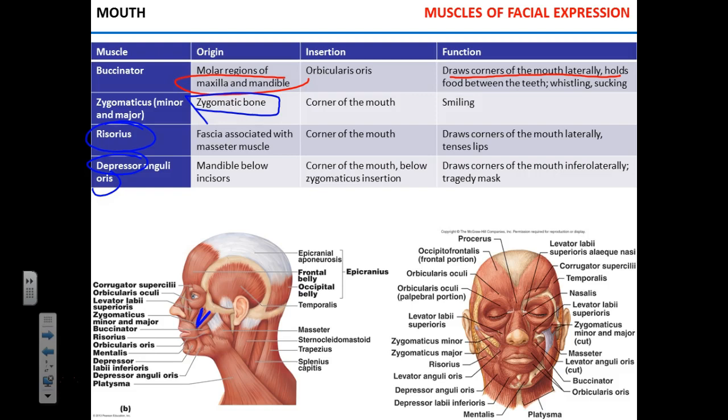So depressor anguli oris brings down the corners of your mouth. Insertion is the corner of the mouth as well, and obviously the origin is the mandible. Here, the depressor anguli oris will be number 14. If you pull on it, it will bring the corners of the mouth down.